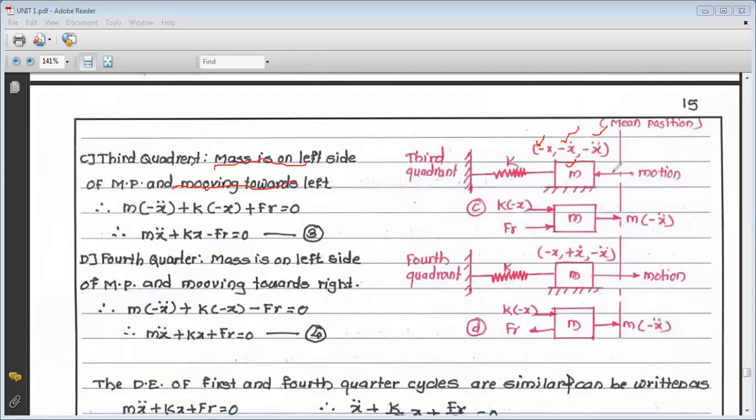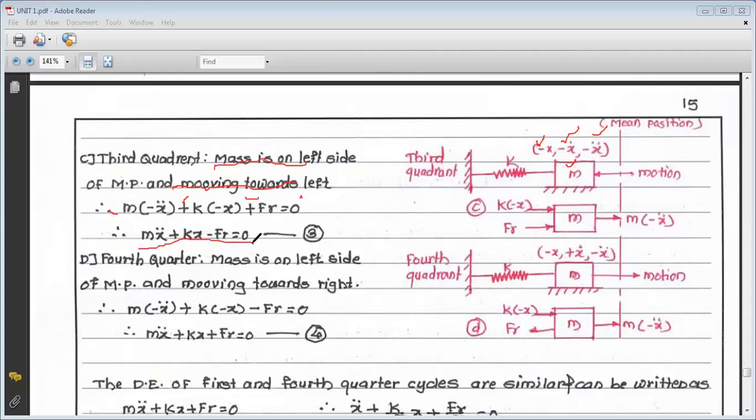Then the frictional force: the motion is on the left-hand side, so the frictional force is on the opposite side. So we get m minus x double dot plus k minus x plus Fr is equal to 0. I have multiplied both sides by minus, so we get m x double dot plus k x minus Fr is equal to 0.